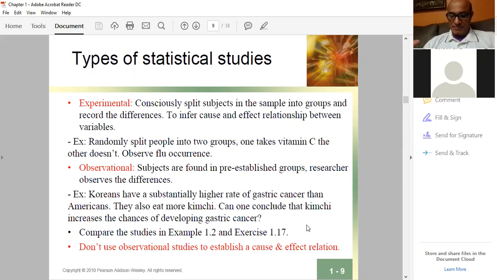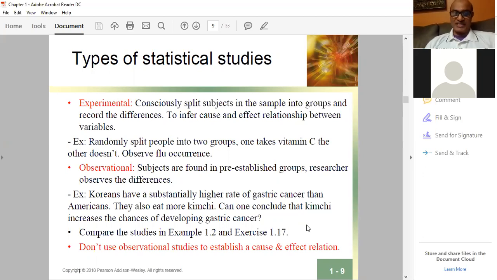In one section we made two groups. One group we provide vitamin C tablets, another group we don't provide any vitamin. Then in the winter we measure how many people are affected by the flu virus in both groups. Usually, experimental data says that those taking vitamin C are less affected by the flu virus than the other group. So that is the experimental data. We made the experiment on two groups.